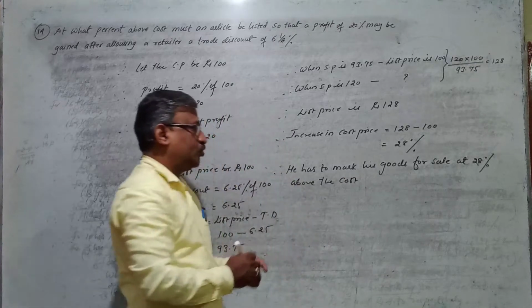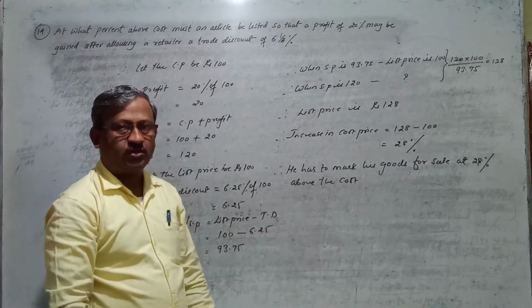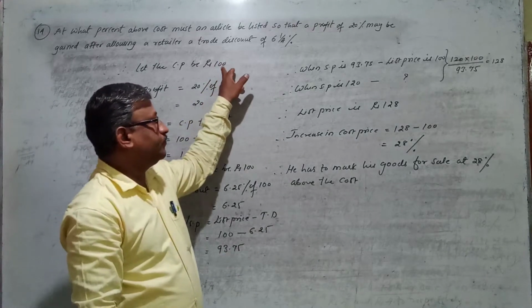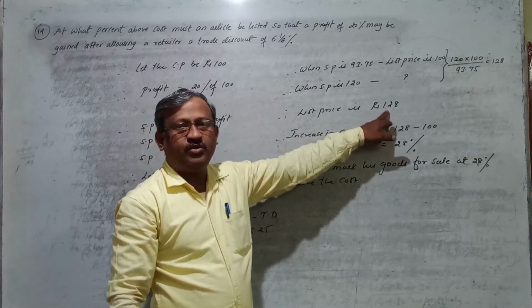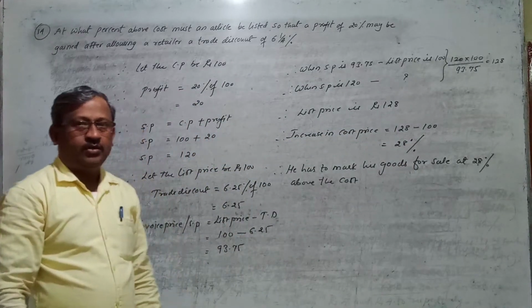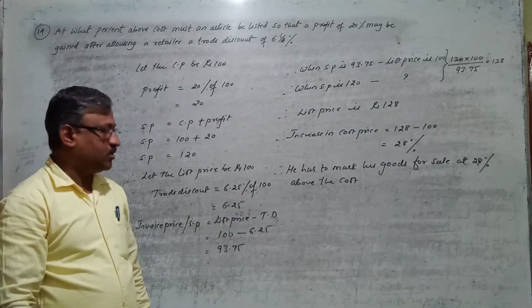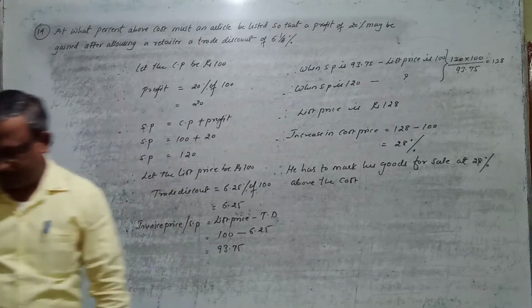He has to mark his goods 28% more than the cost. Means if cost is 100 rupees, you have to increase this cost by 28 rupees, so your list price comes to 128. Clear? I hope this sum is clear to you all. Or we will take the next problem.